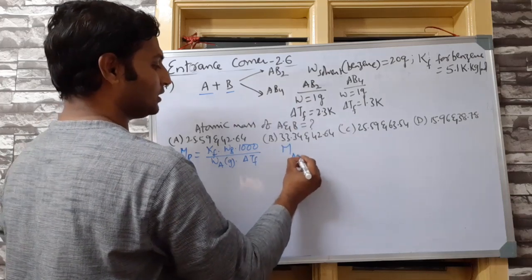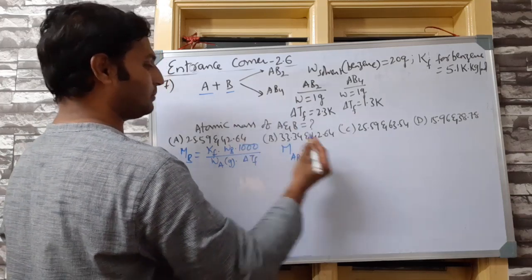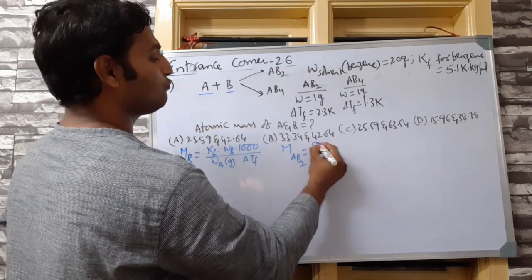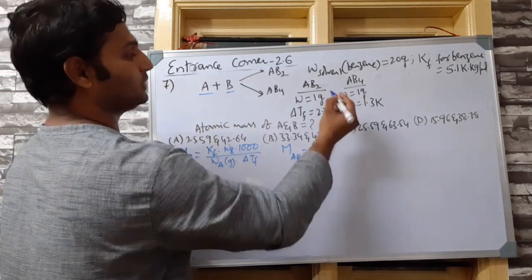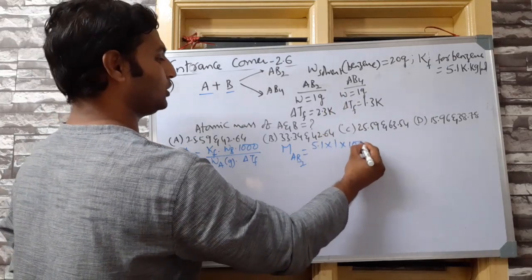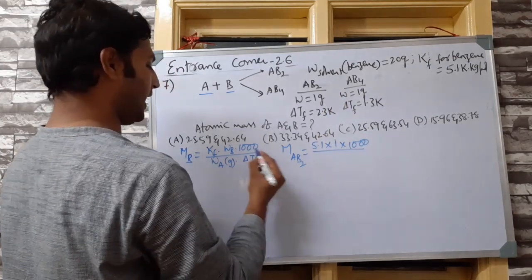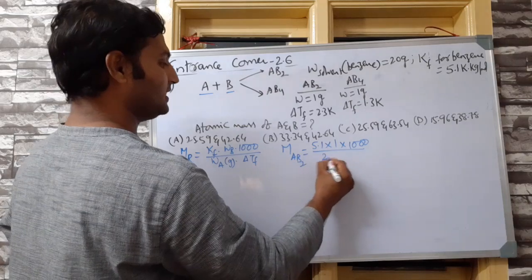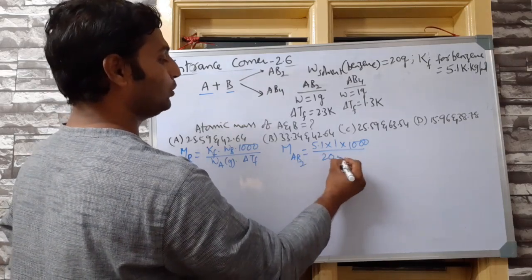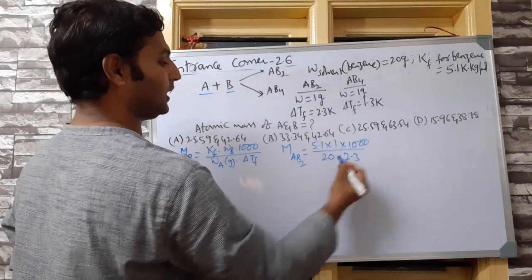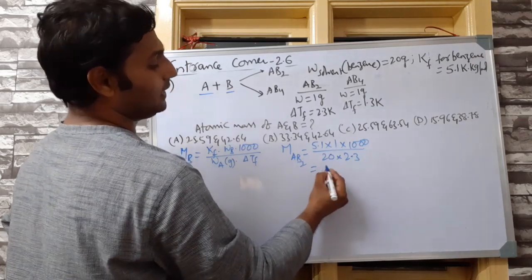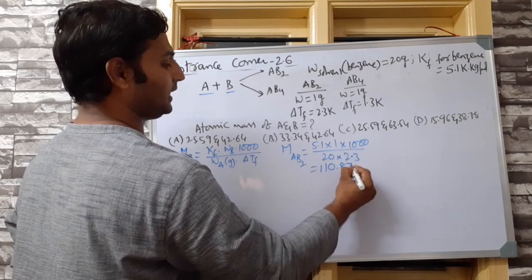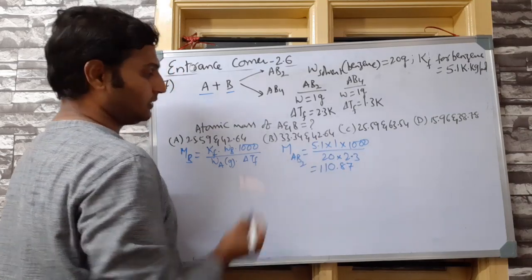See, for getting molar mass of AB2: 5.1 into weight of solute he has given 1 gram into 1000 divided by weight of solvent is 20 grams into how much was reduced? 2.3. Simplify this, you will end up getting around 110.87. Clear?